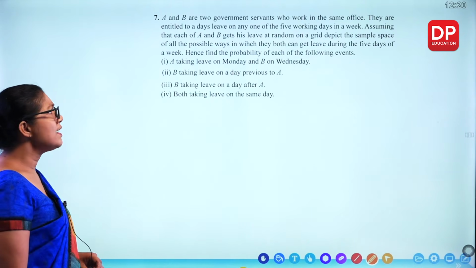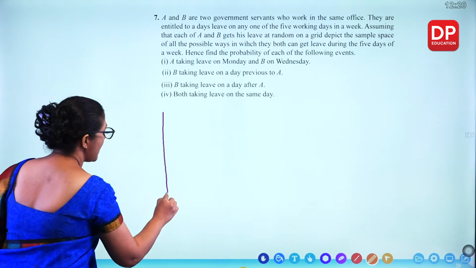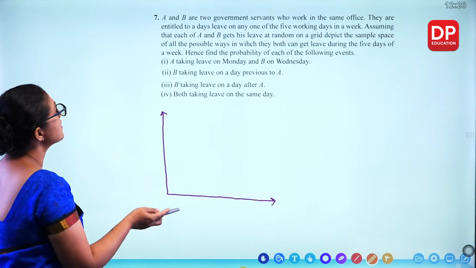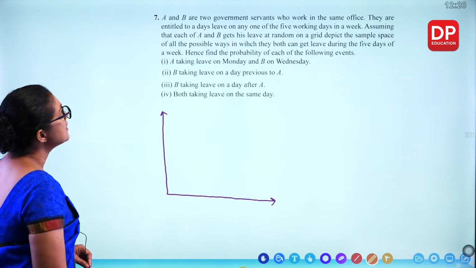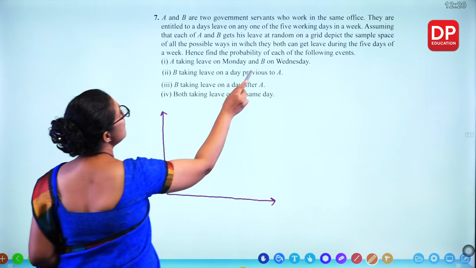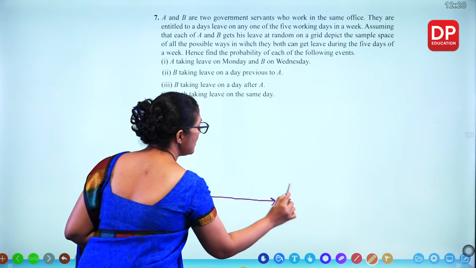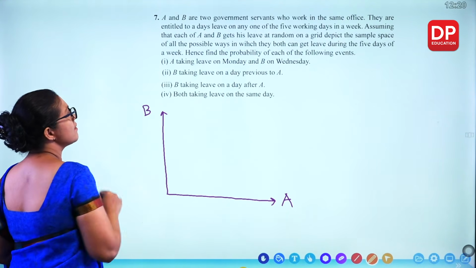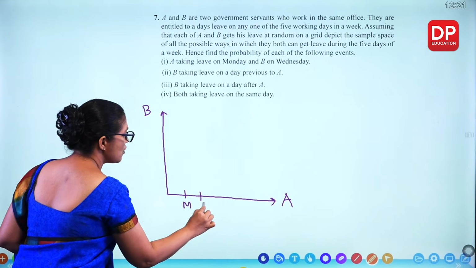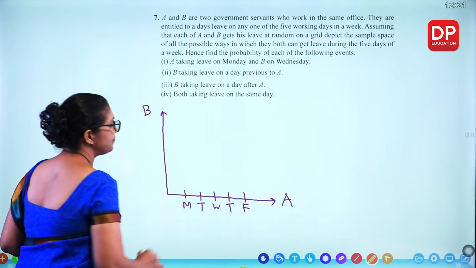Now, they are asking for a sample space diagram. So for the sample space diagram you can take 2 axes. First one is worker 1. We'll take A. A is the first worker and this is the second worker, and all 5 days, Monday, Tuesday, Wednesday, Thursday, Friday.